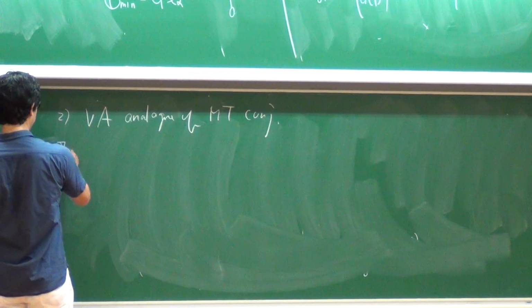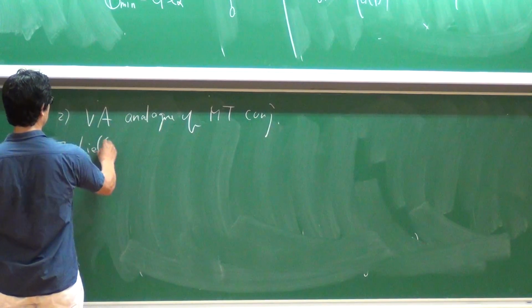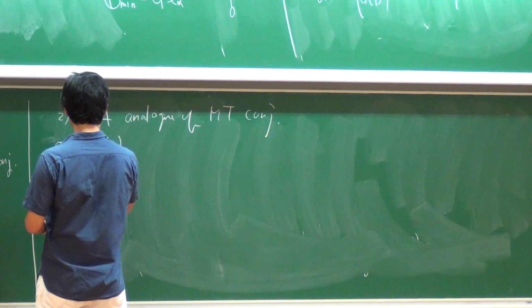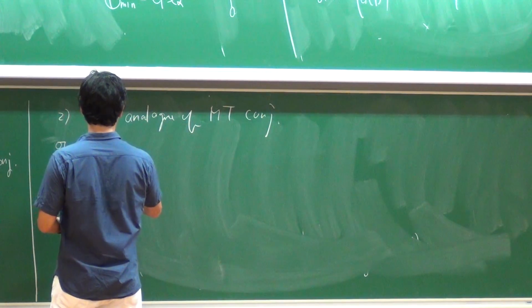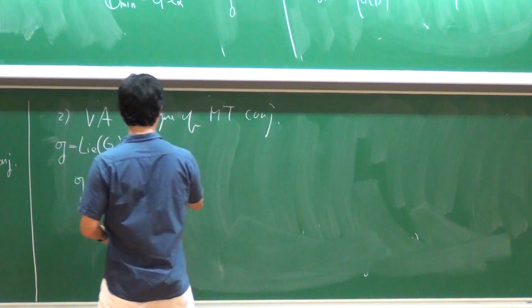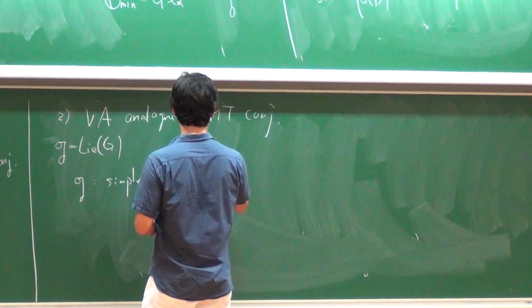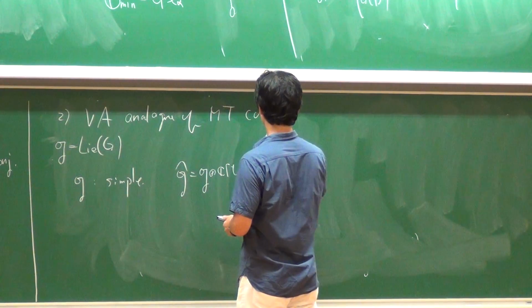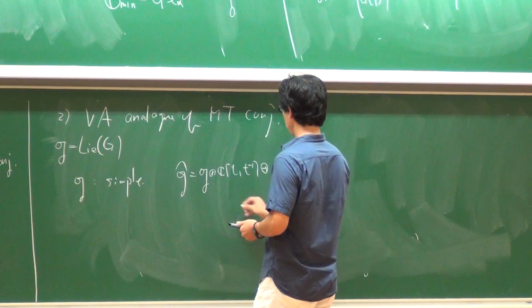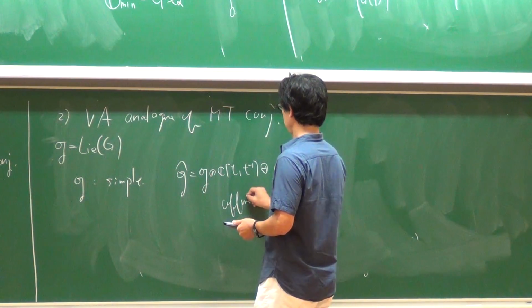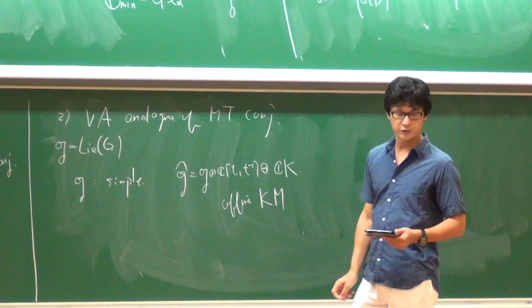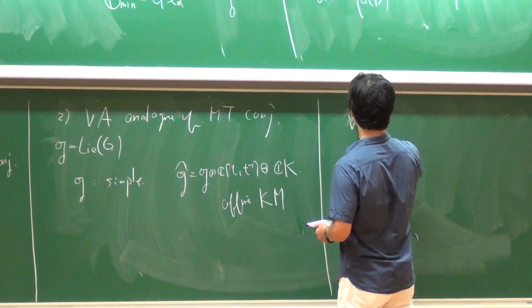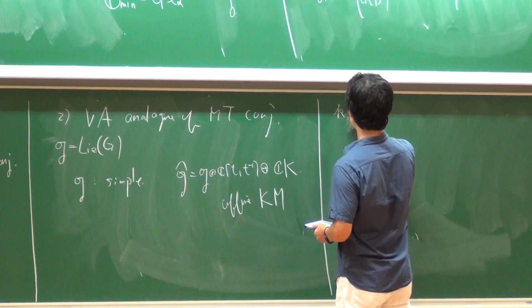I sometimes identify G with the Lie algebra of G. If you do this, you define the corresponding affine Kac-Moody algebra with the usual commutation relation. And then you can consider the corresponding affine vertex algebra.